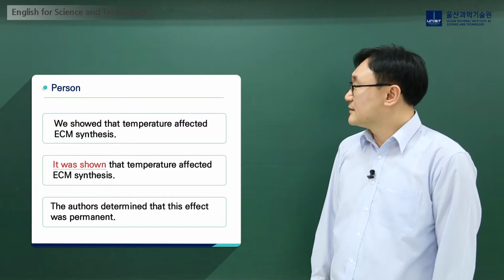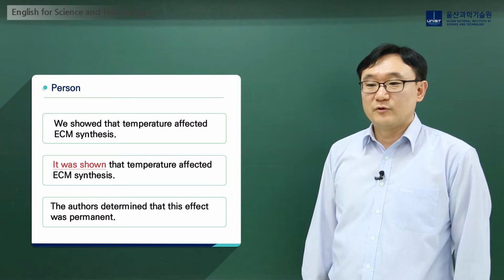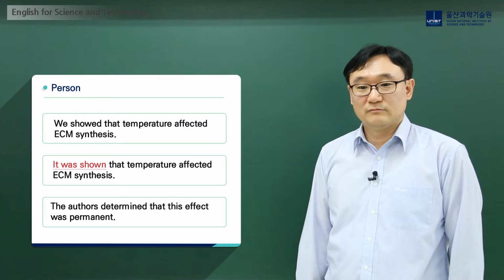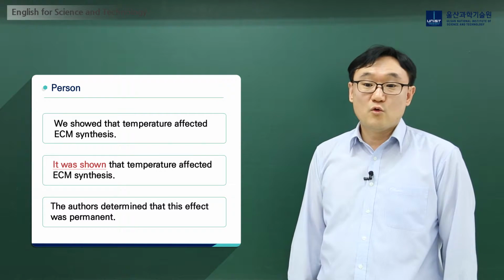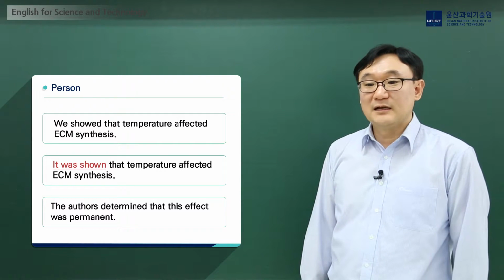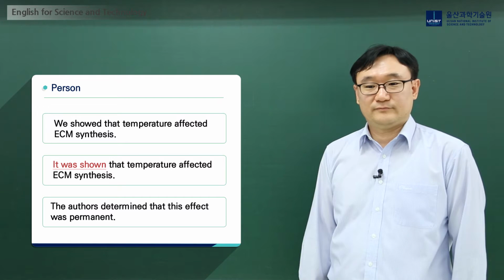In the second sentence, when was the relationship between the temperature and ECM synthesis shown? We or I would at least limit the time to the life of the author.